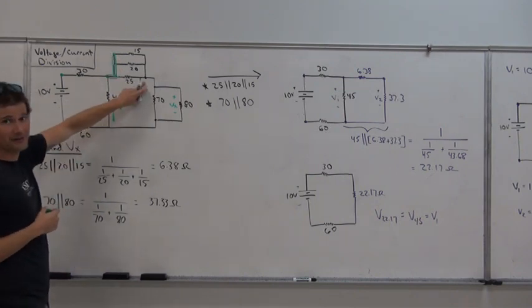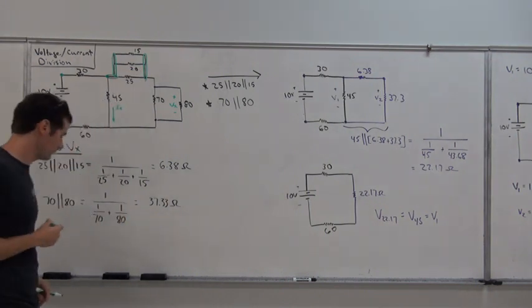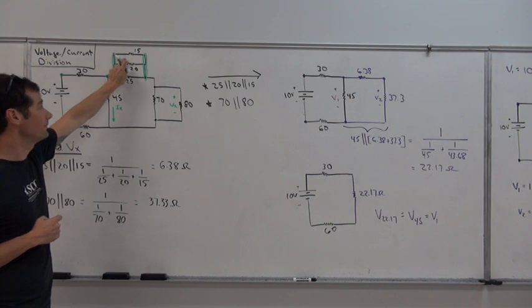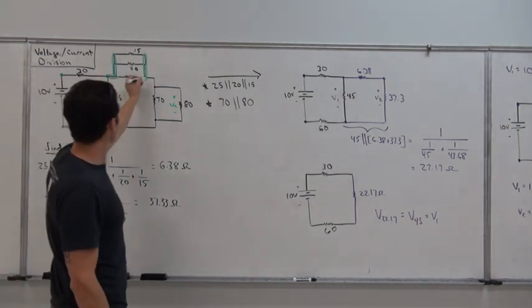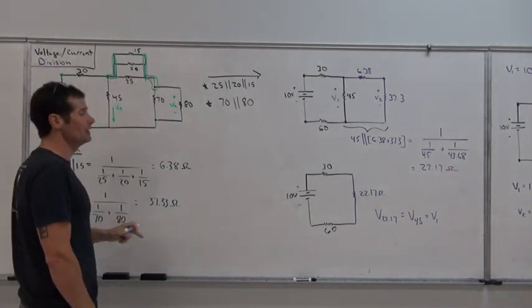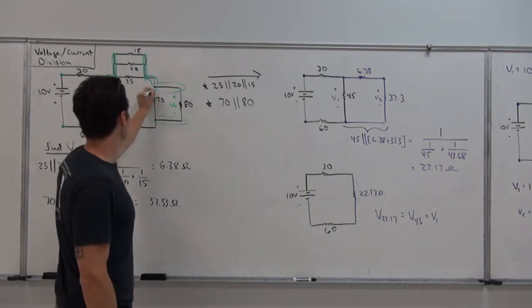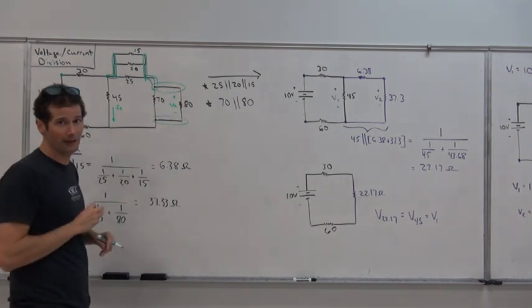If we look on the right hand side, there are no elements in between, so it suffices to say that the 25 ohm, 20 ohm, and 15 ohm resistors are all in parallel with each other. This node is also the same as the one that connects down to the 70, but just to show the relationship, 70 and 80 are both in parallel with each other because there's no element in between the top and bottom nodes.